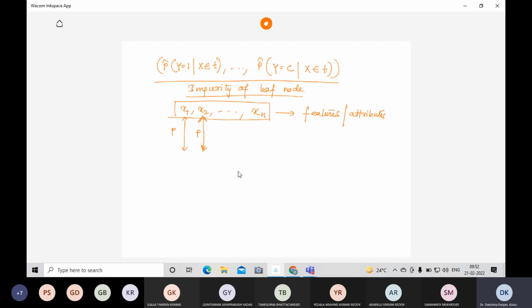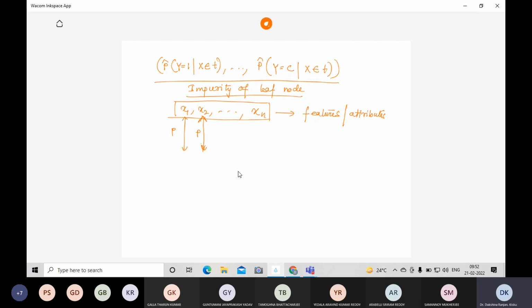That means which feature or attribute will be located at the root node among n features. That is a big issue. Using the splitting parameters or splitting constraint, we can get this answer, and decide which attribute will be the root node of the classification tree.